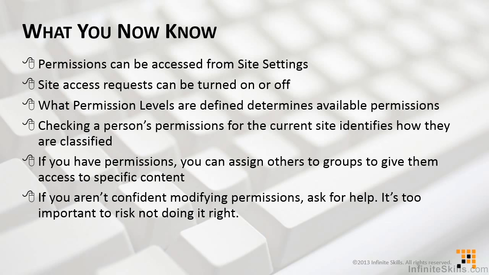Checking a person's permissions for the current site identifies how they are classified and therefore what they can do. If you have permissions, you can assign others to groups to give them access to specific content. Remember, as a user and not as a full administrator, you will probably be limited in what you can do as far as permissions.